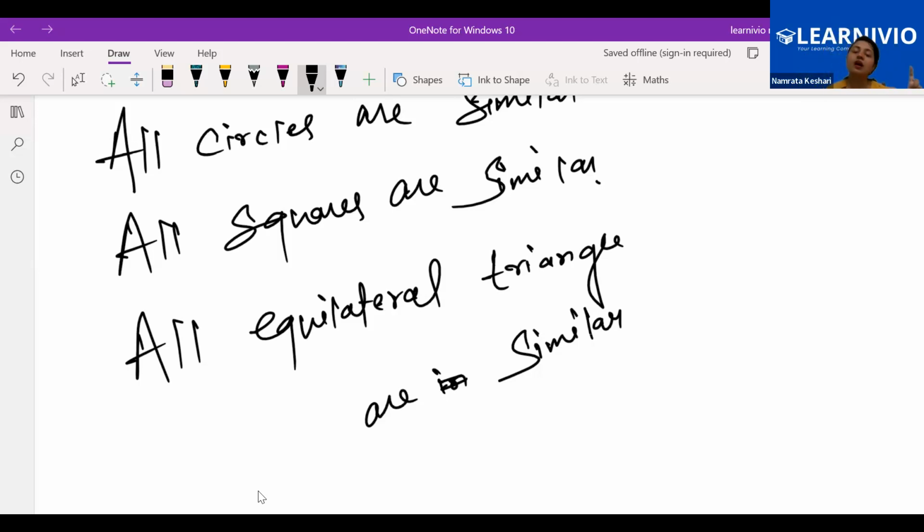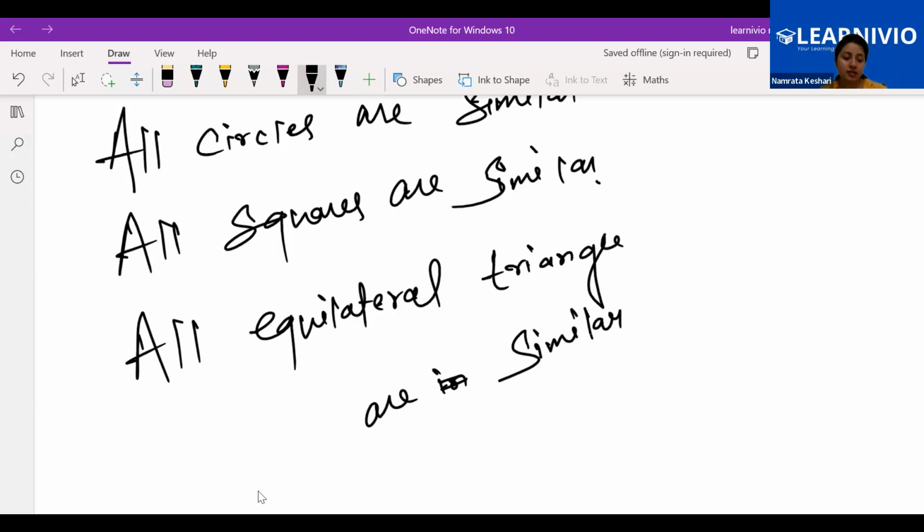One can be bigger, another can be smaller, but they are in proportion with each other. Randomly it is not bigger or smaller. All the sides, rather all the measurements, are in proportion with each other. That's the meaning of similar shapes.